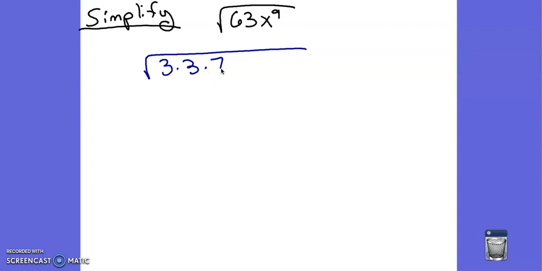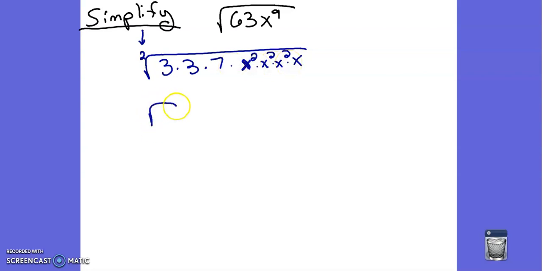Now, notice this is a square root, so because of that, I'm going to break x to the 9th down to x to the 2nd, x to the 2nd, x to the 2nd, x to the 2nd, and x to the 1st. Because this is a 2, I want these guys to be x squares, and you'll see why once I start breaking it up even to the next step.